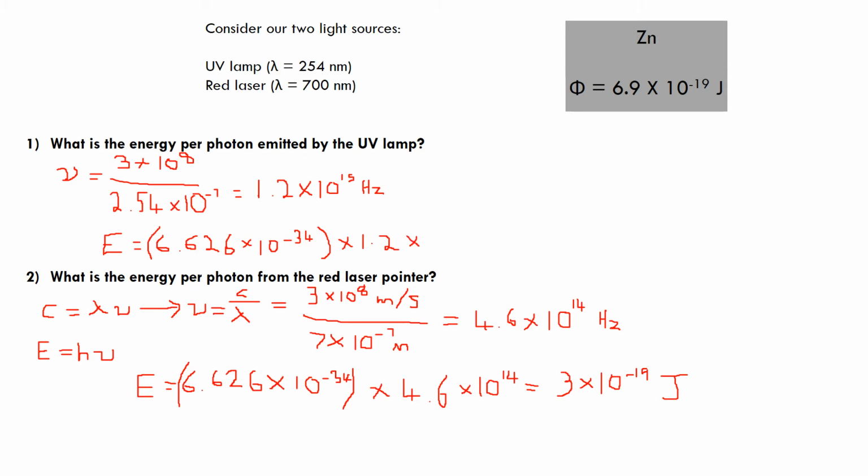And when you do that calculation, the value that you get for the energy per photon for the UV lamp source is 7.8 times 10 to the minus 19 joules. Now what you'll see now is that the energy of the photon for the UV lamp is greater than the work function for the metal, and we would predict that an electron is ejected from this surface.